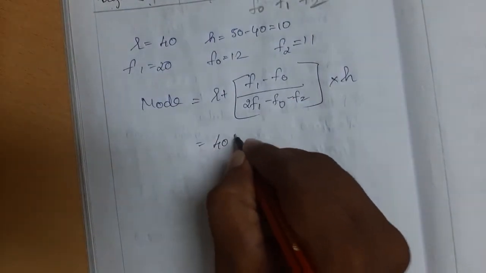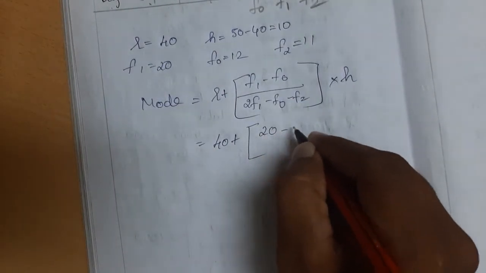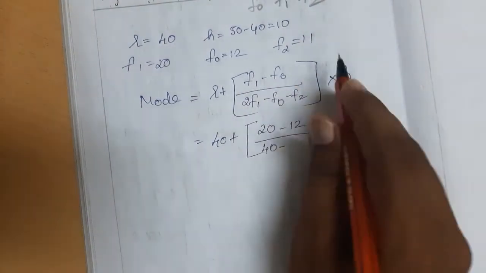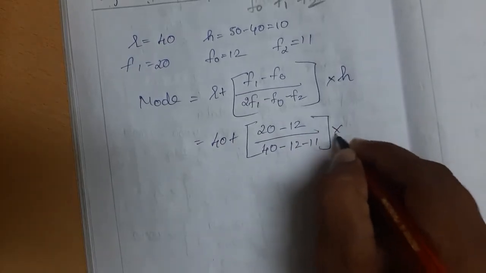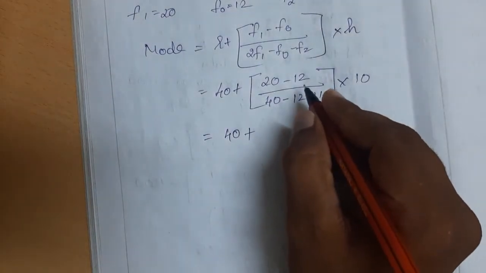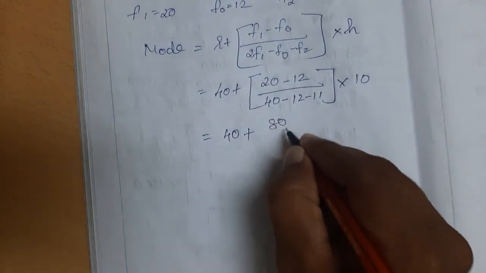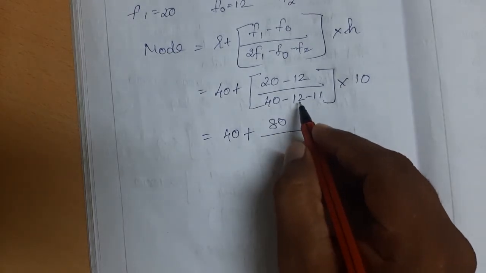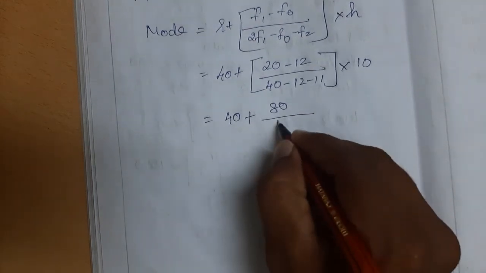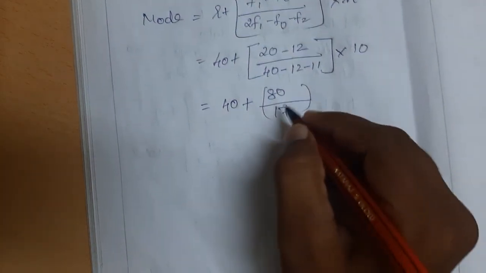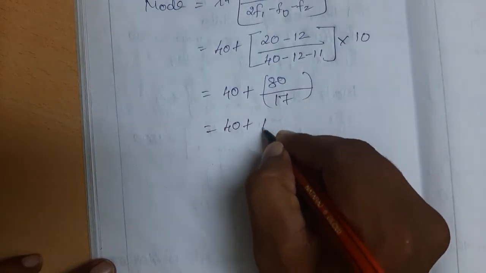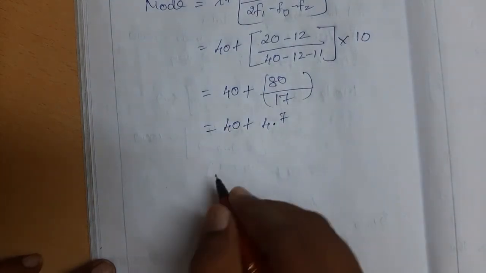So L is 40 plus (F1 is 20 minus F0 is 12) divided by (2 into 20 is 40, 40 minus 12 minus 11) into 10. So 20 minus 12 is 8, 8 into 10 is 80, divided by 40 minus 12 minus 11, which is 17, right? So now just divide it, then we can add 40 plus 4.7. Okay, that's it.